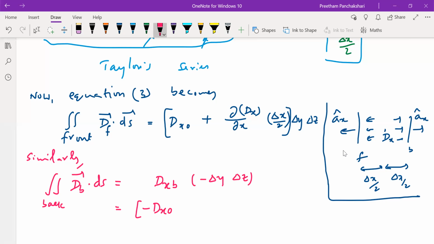Let us say this is specifically dxo. This is going in the negative x direction. For the front face, it is the positive x direction. Then the rate of change of dx into delta x by 2 will be the same. Here it is minus delta y into delta z.